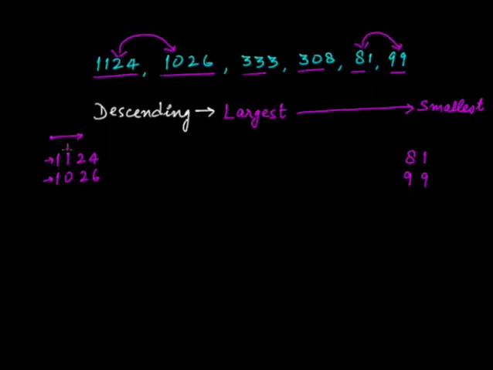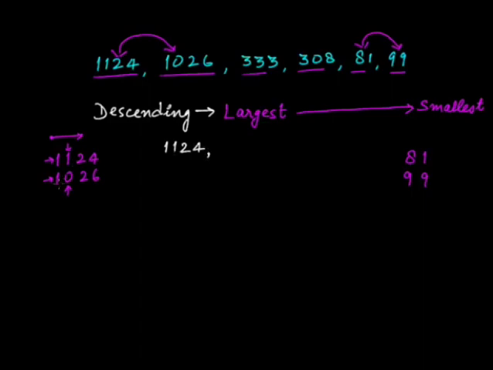Now this is 1, this is 0. Here we can be successful. So 1 is larger than 0. Therefore, 1124 is larger than 1026, and therefore 1124 is the largest number.